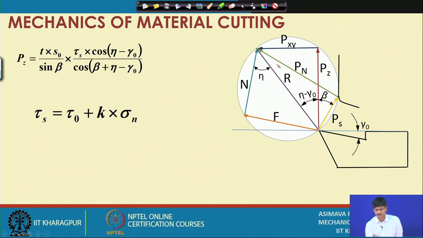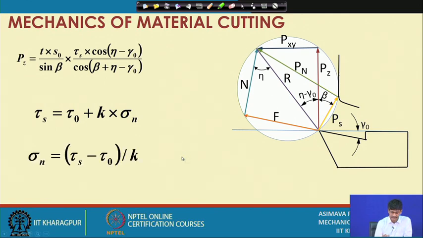We know the normal force on the shear plane, and that divided by the area of the shear plane will give us the normal stress. So, just shifting the terms, we get an expression of sigma n in terms of tau.